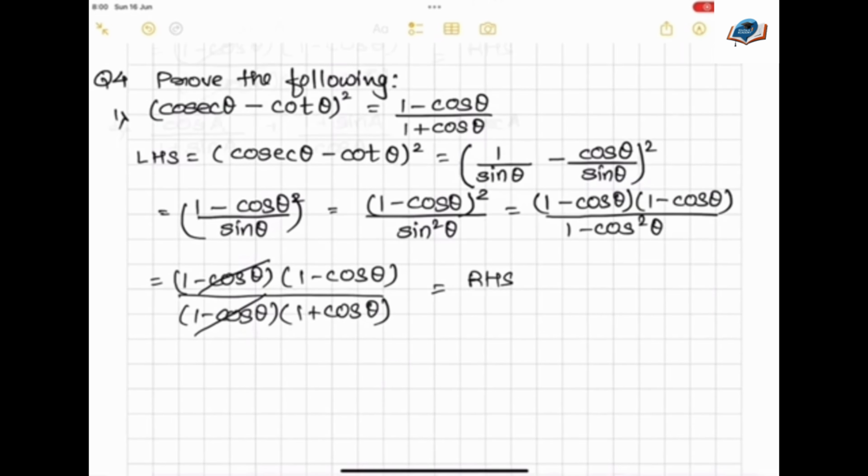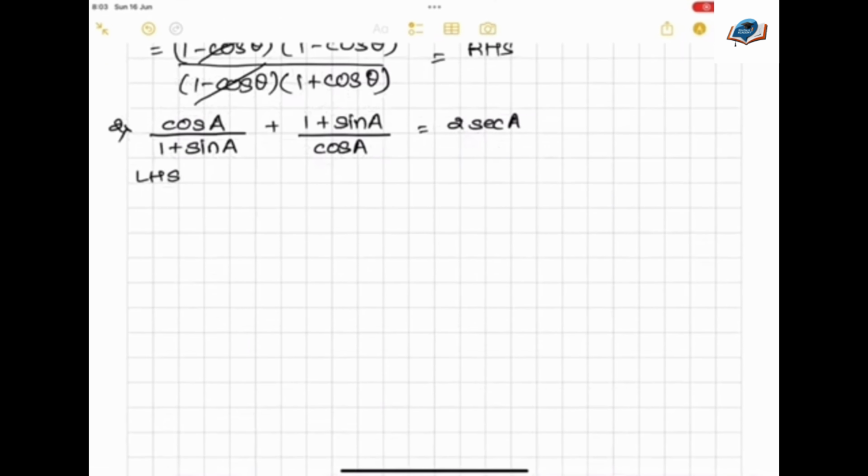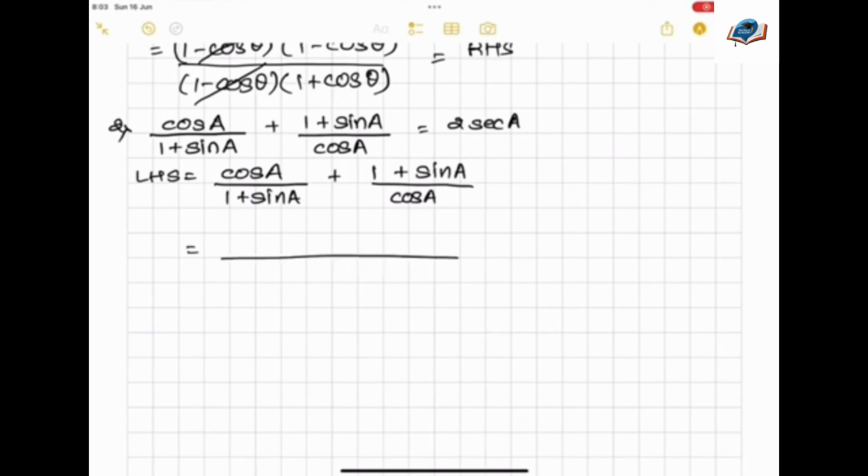Now the second one is cos A upon 1 plus sin A plus 1 plus sin A upon cos A equal to 2 sec A. So again LHS I am taking. So now I have written LHS. Now I am doing the LCM first. So 1 plus sin A into cos A. So cos square A plus (1 plus sin A) whole square.